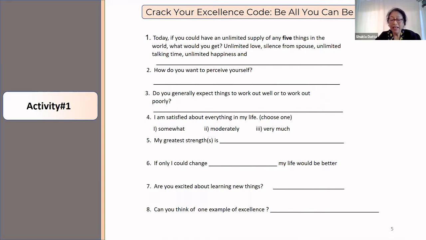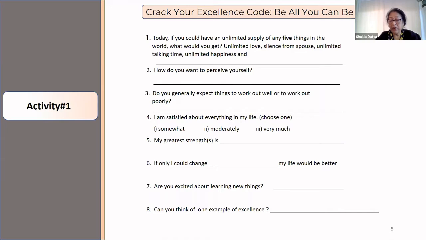All are good. Question number 2, how do you want to perceive yourself? And the answers I picked: self-confident, friendly, positive person. Question number 3, do we generally expect things to work out well or to work out poorly?